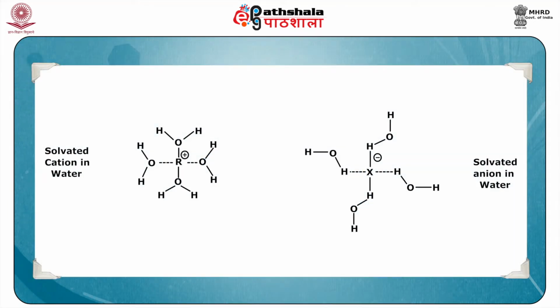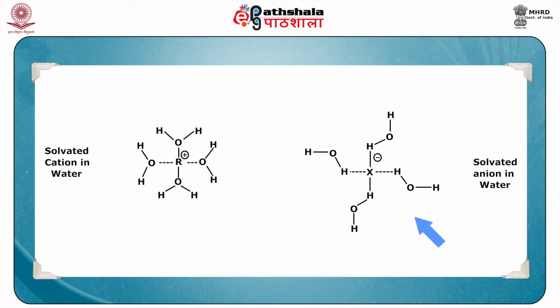For example, when the oxygen of water donates its electron density to a cation, that cation becomes solvated and will be stabilized. Water can also solvate an anion. The anion donates electron density to the partially positive hydrogens of the OH bond, as you can see here.